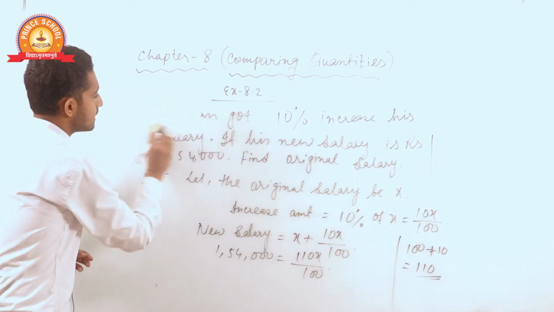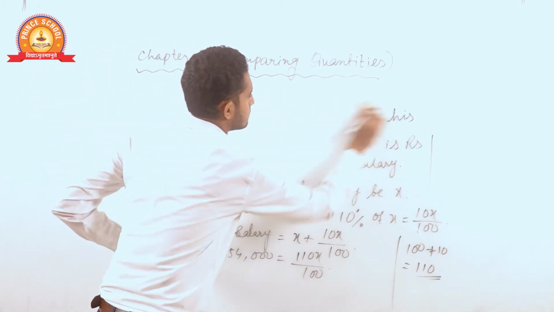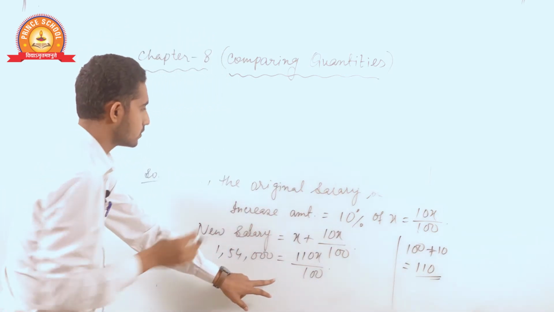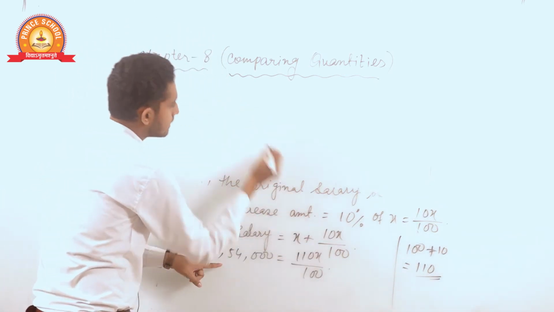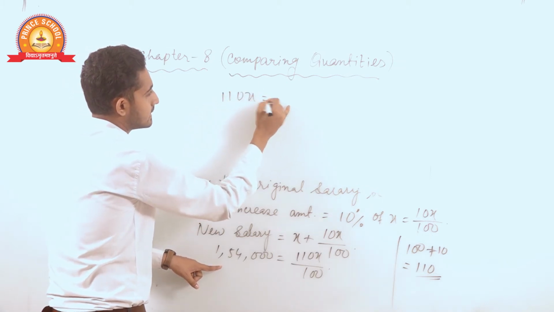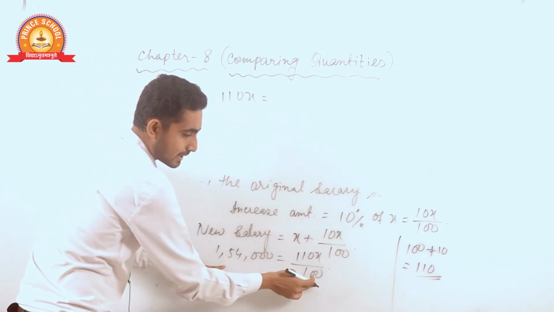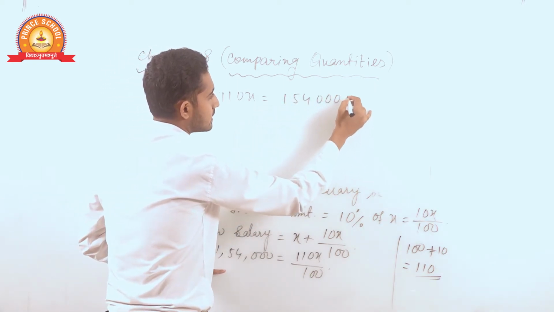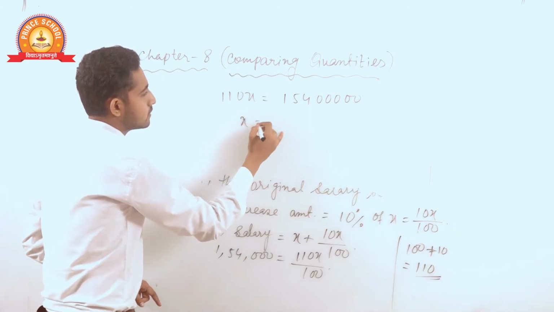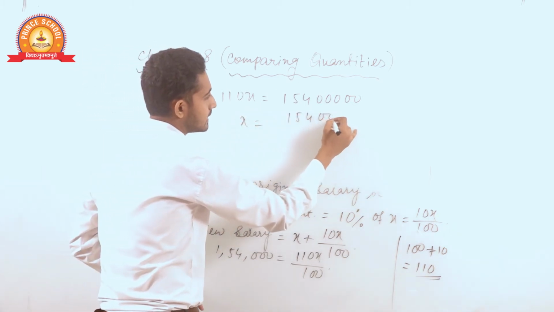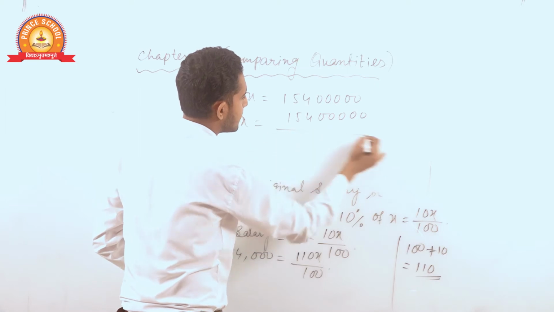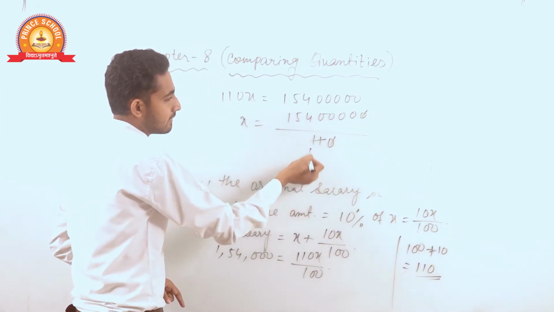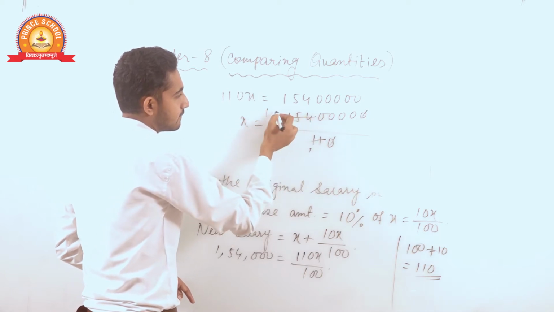So I will erase this part. All of you pause this video so you can write down easily. So 110x is equal to 1,54,000 multiplied by 100, that means 1,54,000 double 0. X is equal to 1,54,000 double 0 divided by 110. 0 0 cancel out. 11 1s are 11, 11 4s are 44.